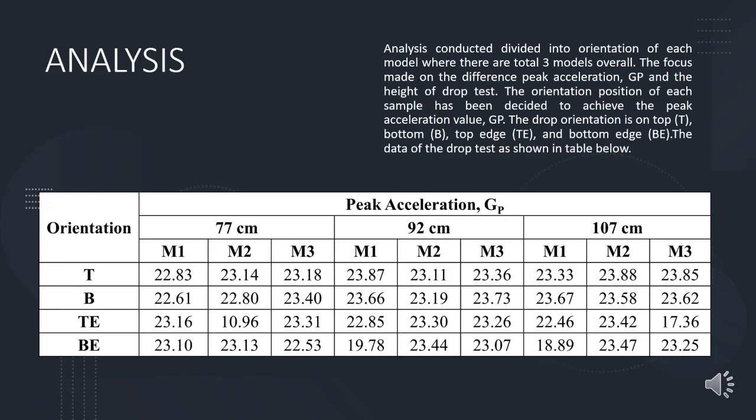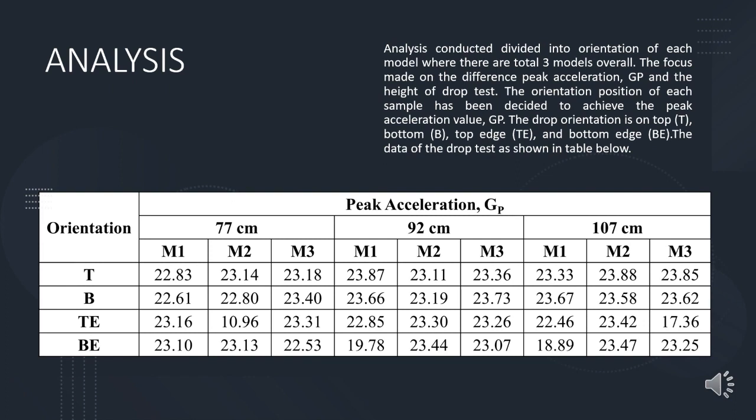For the analysis part of this project, we conduct the analysis for each model. As we have known, there are three models overall. The focus of the analysis is on the difference in the peak acceleration and the height of the drop test. The orientation of each sample has been decided to achieve the peak acceleration value. We have 4 drop orientations: T, B, TE and DE.